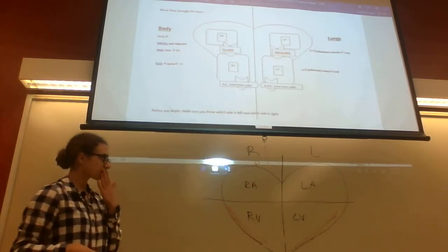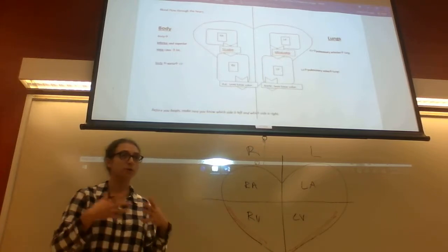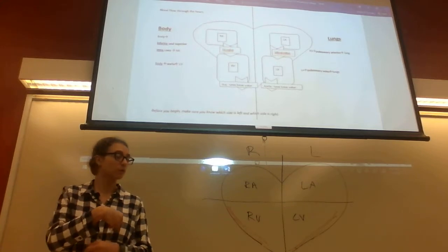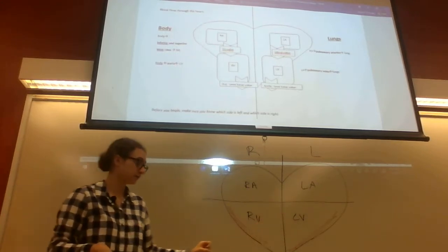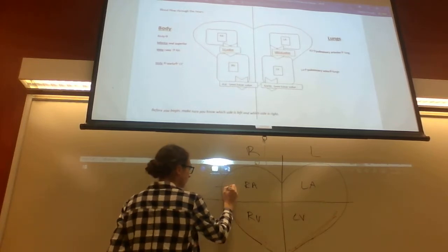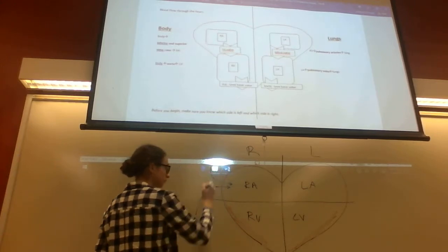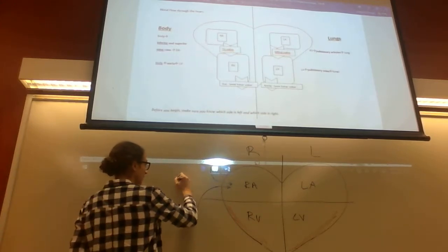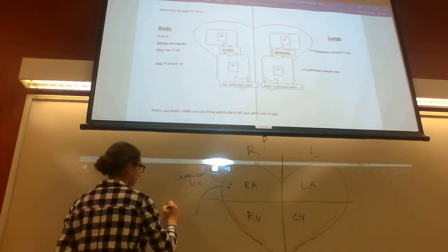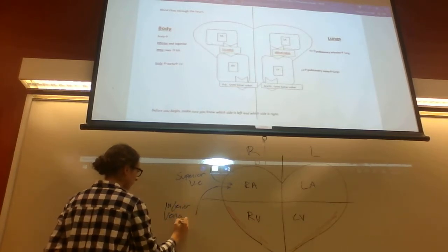So we have our heart set up, but where does deoxygenated blood come in? You have your whole body, and all the deoxygenated blood goes to which portion of the heart? Right side. Yep, right atria. And what are these? They're two veins, and what are they called? You have your superior vena cava and your inferior vena cava.